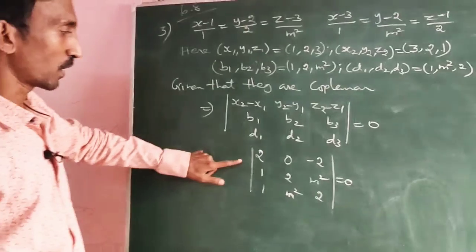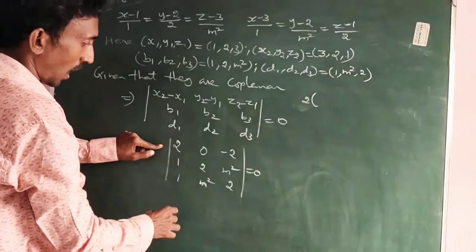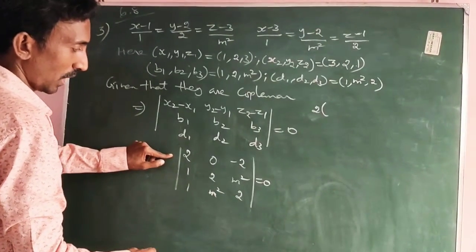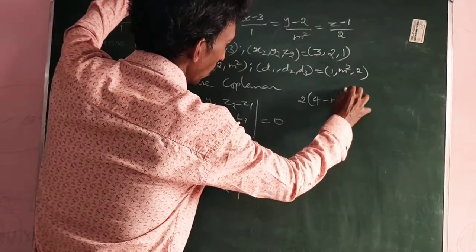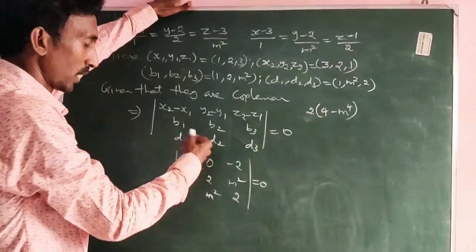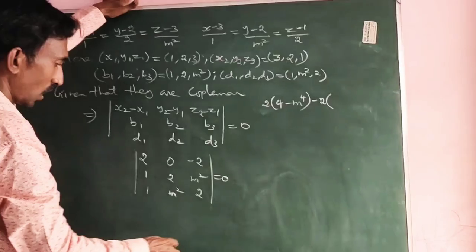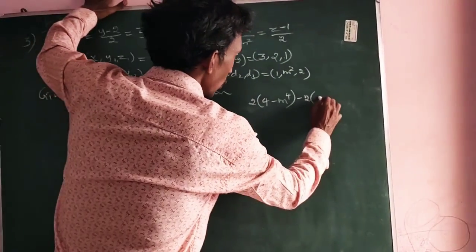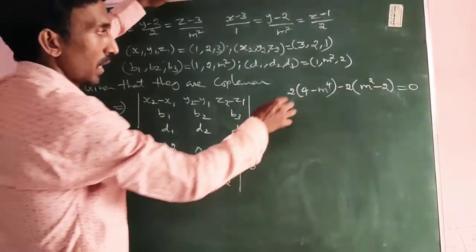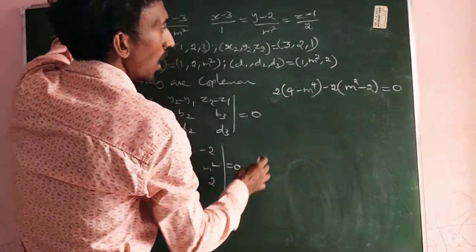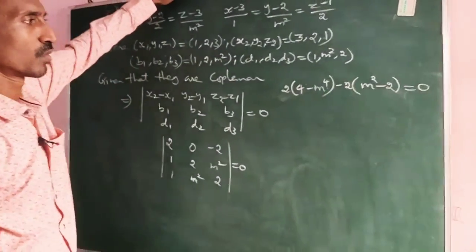Just expand with respect to the first row. 2 into, delete that row and column, 4 minus m power 4. Okay. Then 0, that is 0 into anything, 0. Minus 2 into, delete that row and column, m square minus 2. So it is a degree 4 equation. So you can rewrite this one as, both have 2 here, just leave the 2 if you want.